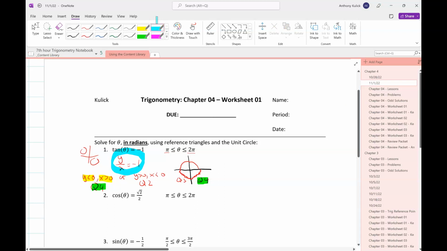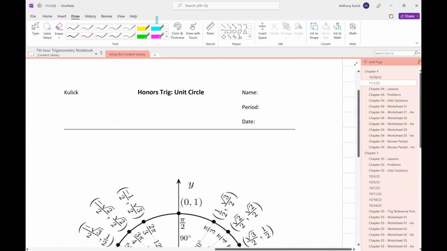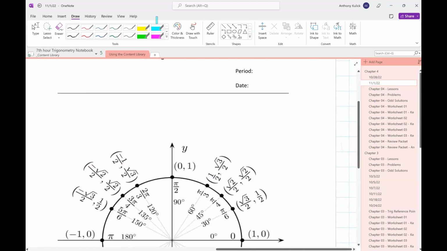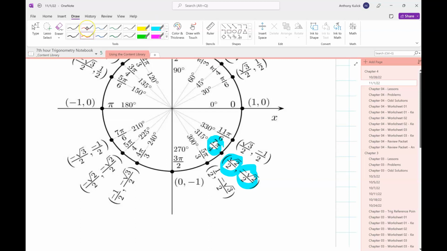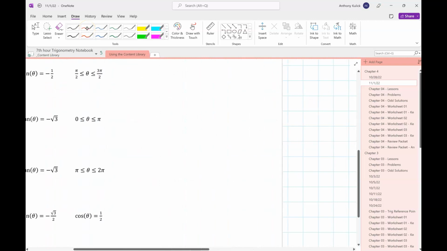So y and x have to be the same thing, just differing by a negative sign, to get -1, right? So I go to quadrant 4, and this is the spot. That's what I'm looking for. The x is positive root 2 over 2. The y is negative root 2 over 2. So my answer should be 7 pi over 4. And I'm done.